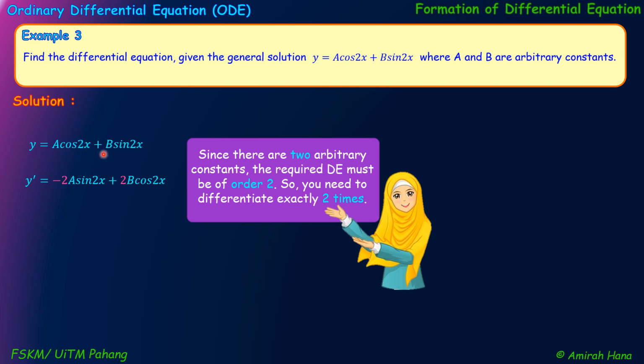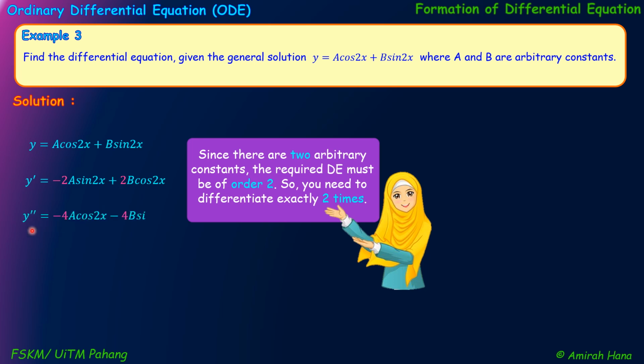And then, when we differentiate b sin 2x, this term is multiplied by constant b, so we still put constant b here. And then, when we differentiate sin 2x, we have positive cos 2x. Then we differentiate 2x, so we get 2 here.